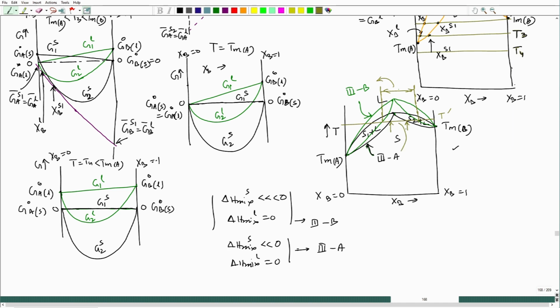So, this was for combination A. So, that means if I take the del H mix for solid further down, further negative, the solid stability will go up and the solid will be stable even beyond the melting point of B.